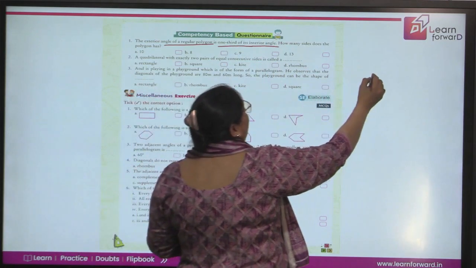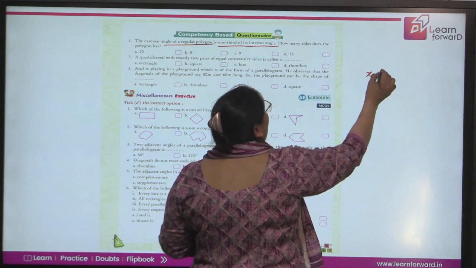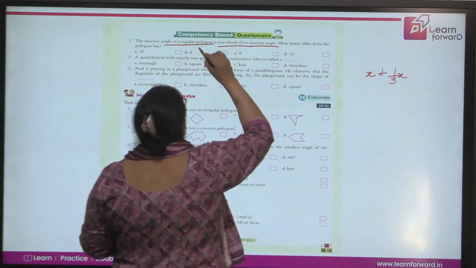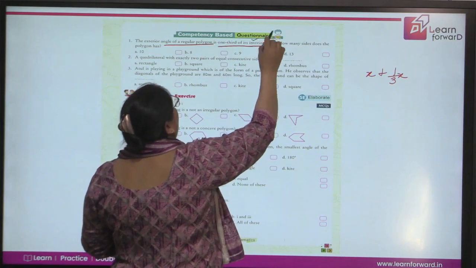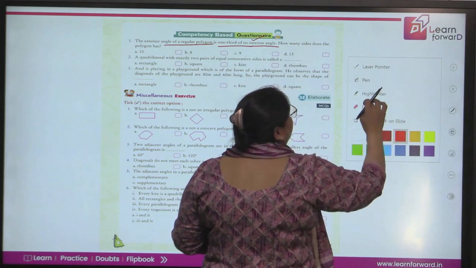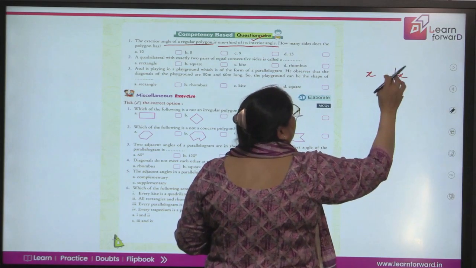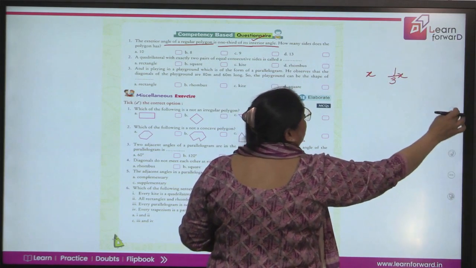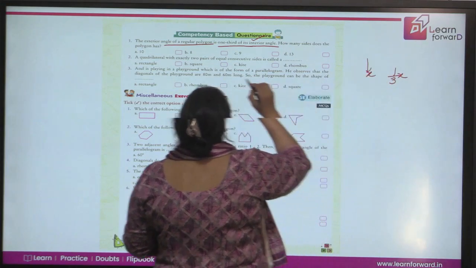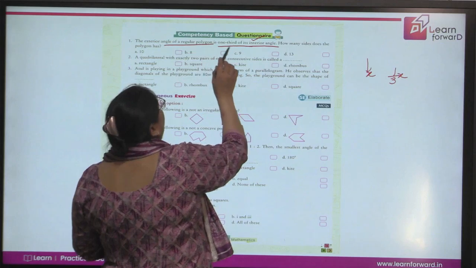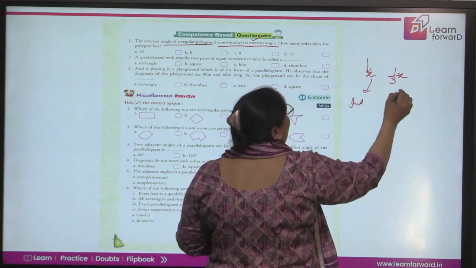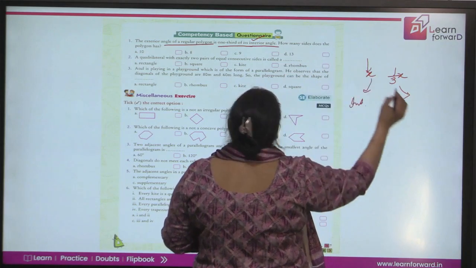Suppose the interior angle is x, so the exterior angle will be 1/3 x. If the exterior angle is 1/3 of the interior angle x, so the exterior angle will be 1/3 of x.